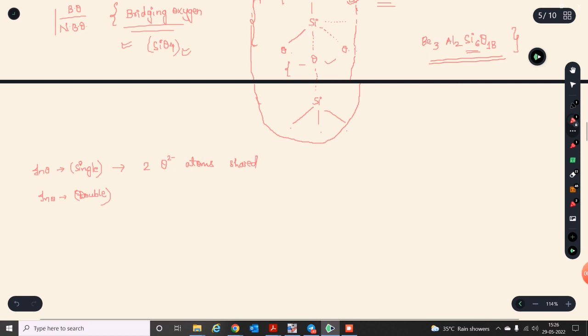Sorry if I got you wrong at that place. In double chain silicates, we actually have two oxygen atoms and three oxygen atoms, but these two have half-half contribution in the overall structure. So half of the contribution will make it 1 and half of the contribution will make it 1.5. That way, in overall terms, we have 2.5 oxygen atoms shared in a single unit.